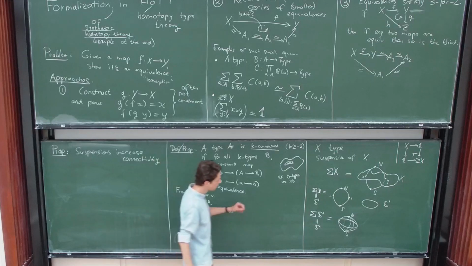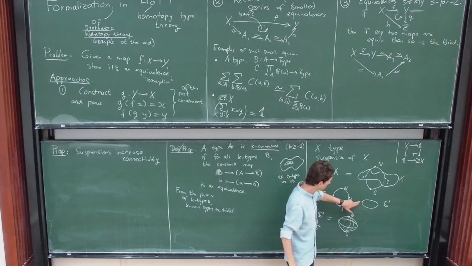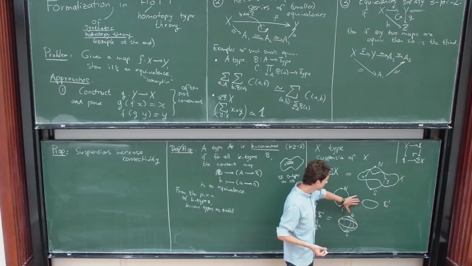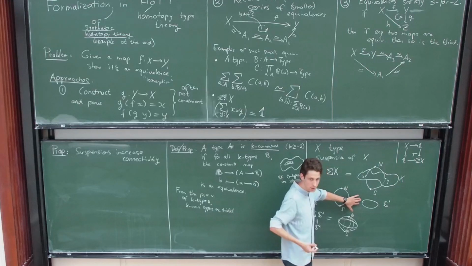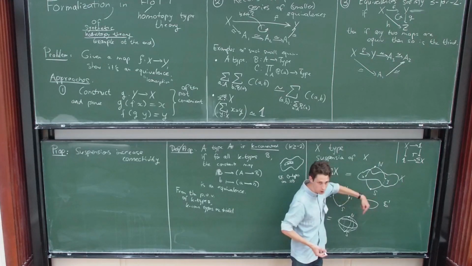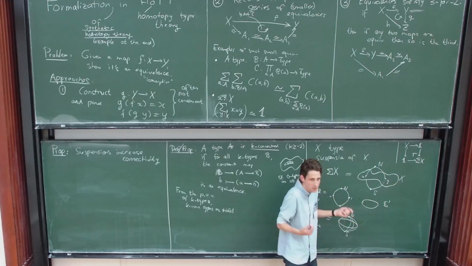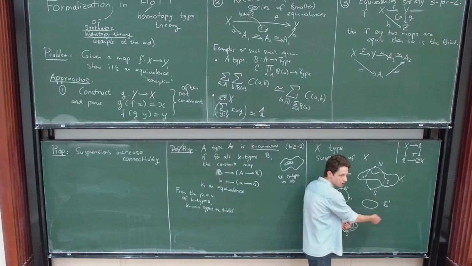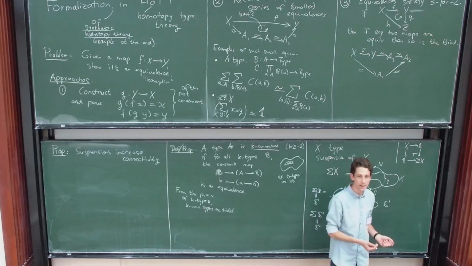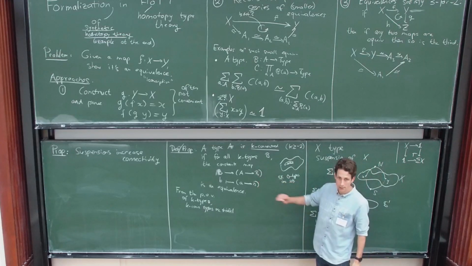In particular, this type, the circle, from the point of view of 0-types, from the point of view of sets, is completely uninteresting, because a set doesn't have the capacity to detect this loop. It just has elements, and in a real sense this space has a single element. Yes, it has this very interesting loop, but sets won't be able to detect it at all. So this notion makes that precise.